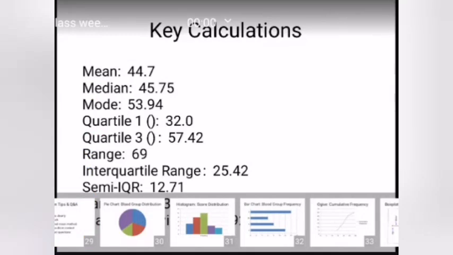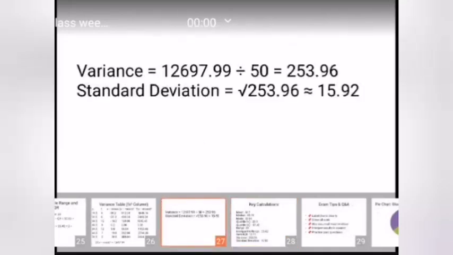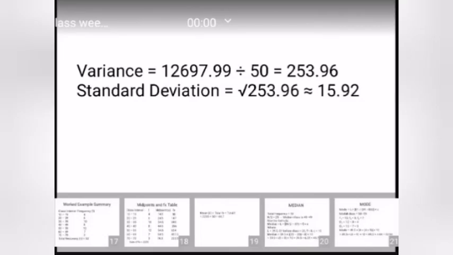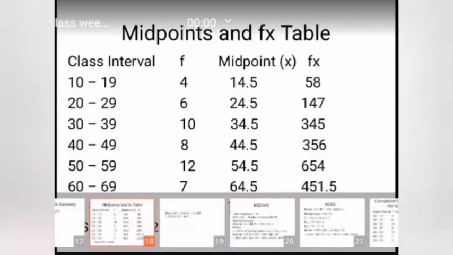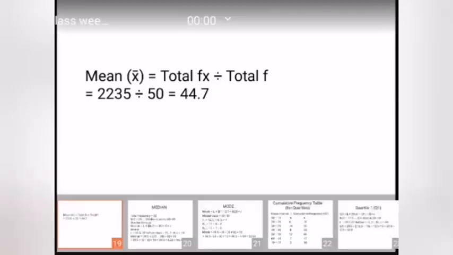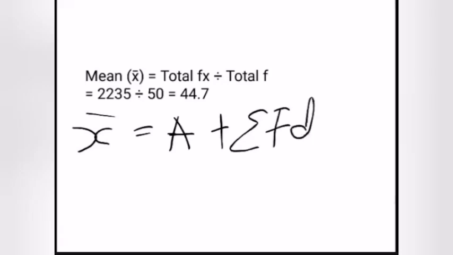Okay, let me explain using assumed mean. In some situations, you are given an assumed mean. Sorry, let's go back to mean. In some questions, you are given an assumed mean, and the formula for finding the mean using assumed mean is a plus sigma fd over sigma f.